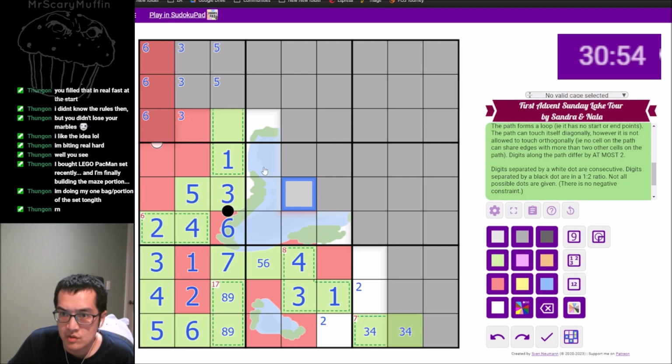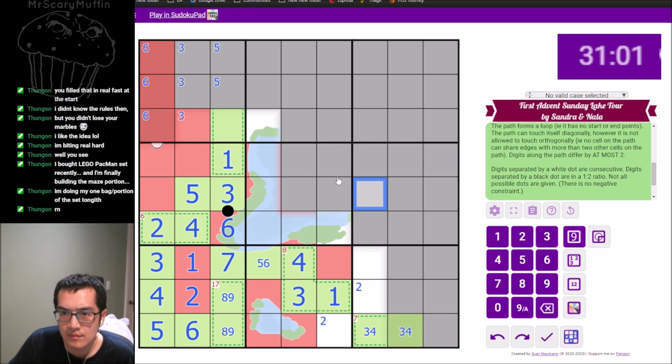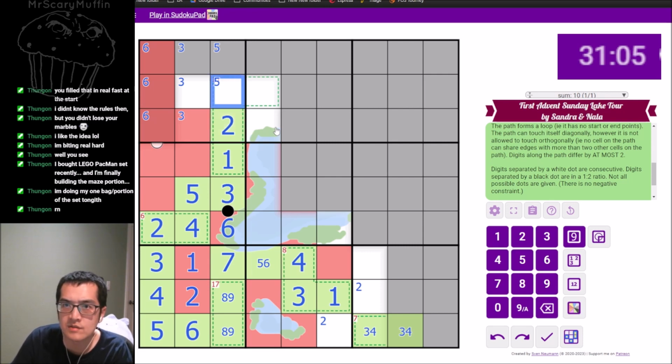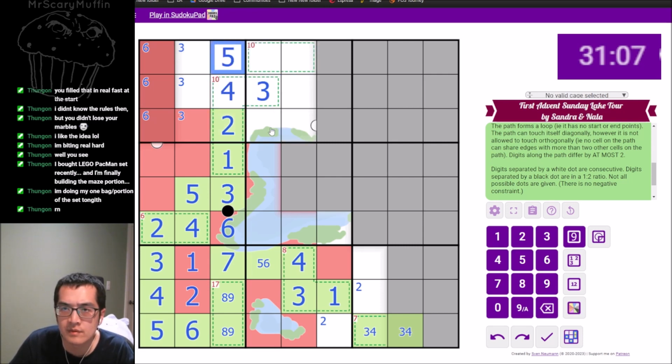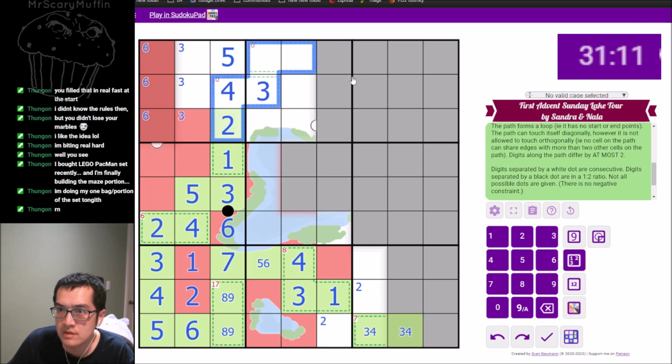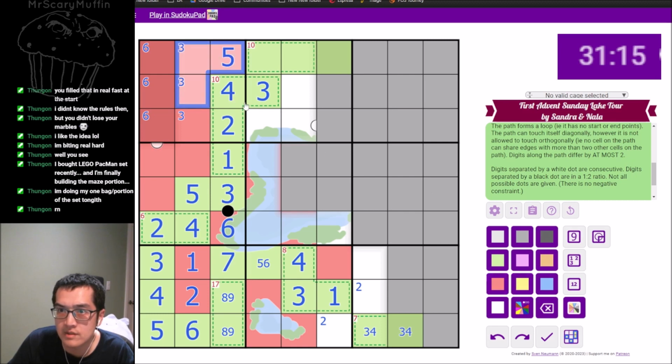That pretty much makes all these. Now the 1 has to go into a 2. That's a 4, that's a 3, that's a 5. That is all known. It's out there. Reds. That's a red, that's a red.